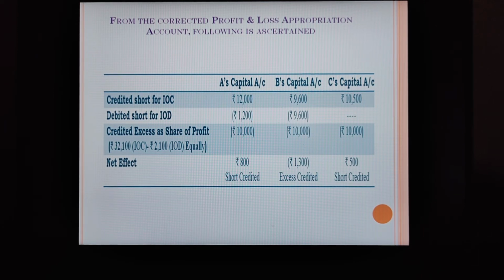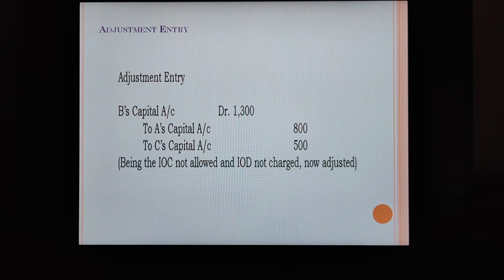Now the amount credited excess as a share of profit is 12,000 plus 9,600 plus 10,500 minus 2,100 of interest on drawing, and we will get 30,000 that should be distributed equally among A, B and C. Now we will get 800, 1,300 and 500. So A is short by 800, B has an excess of 1,300 and C is short by 500. We will do this entry: B's capital account debit to A's capital account, to C's capital account.